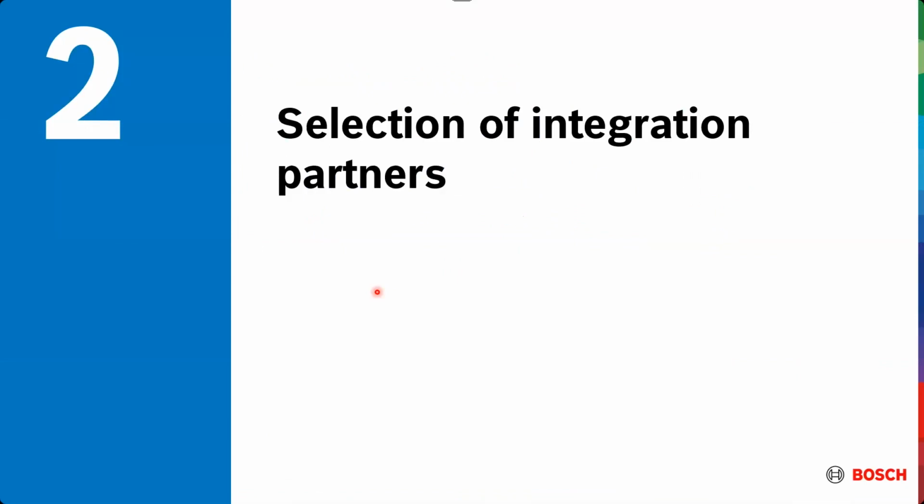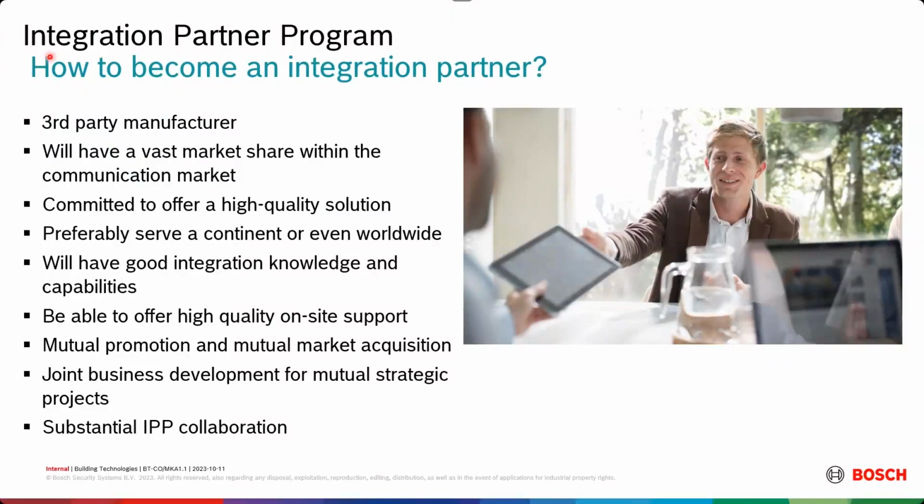What is the selection of the integration partners? Well, an integration partner should always be a third-party manufacturer. And we always work in two steps. One step is first to do the integration, the technical integration, which is open to everyone. But the integration partner program goes a little bit further.